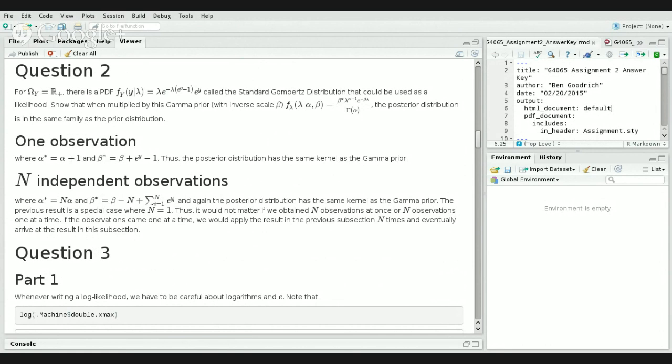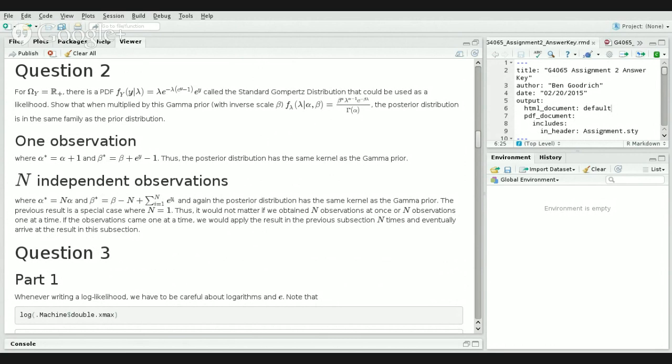In any event, we can factor this around until we get something that has the same kernel as the prior distribution. In this case, it would be lambda to the alpha star minus 1 multiplied by e to the negative lambda times beta star, where alpha star is equal to the original alpha plus 1, and beta star is equal to the original beta plus e to the y minus 1.